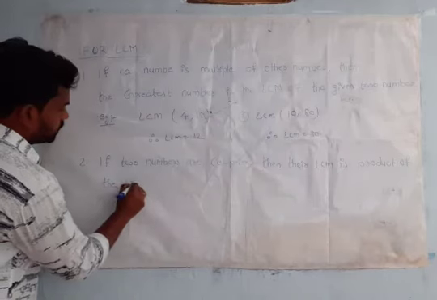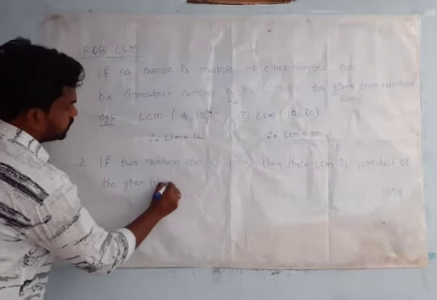Product of the given two numbers. Over, finish.